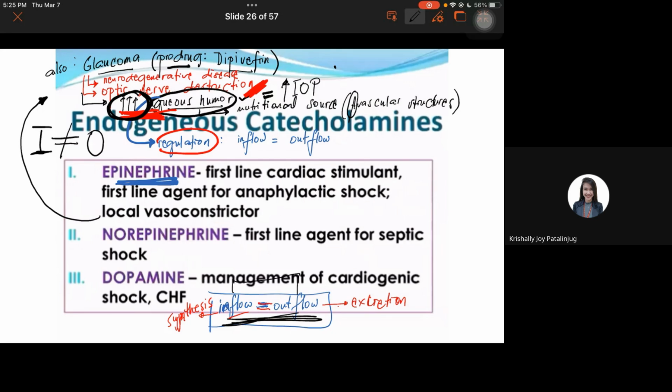Again, ito dapat yung realization nyo ha, kapag in that area of the body, mataas yung fluid, ibig sabihin mataas yung pressure dyan. Okay? Specifically, sa mata ang pinag-uusapan, may tawag sa pressure being created. In the eye, we call that intraocular pressure.